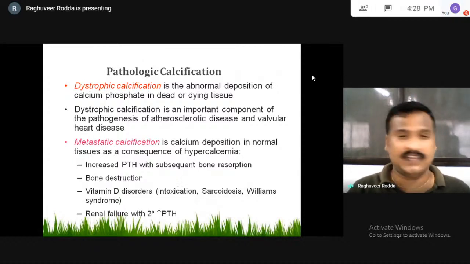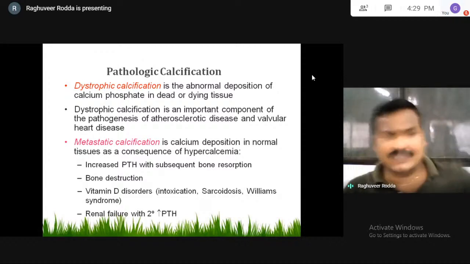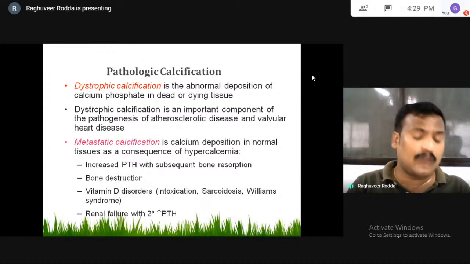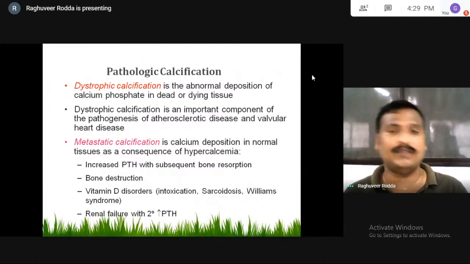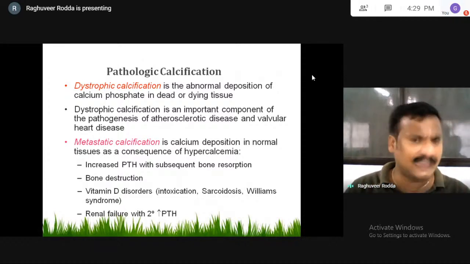Pathologic calcification of the cells or tissues. So during injurious conditions, as I said, one of the important mechanisms is calcium influx, the movement of calcium from the extracellular environment to the intracellular environment. So what happens to this particular calcium?